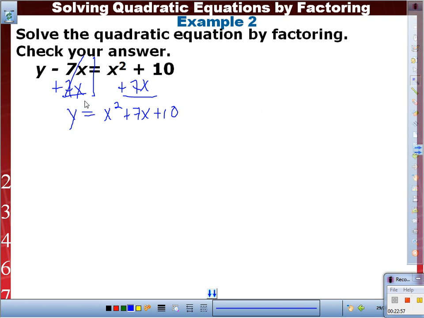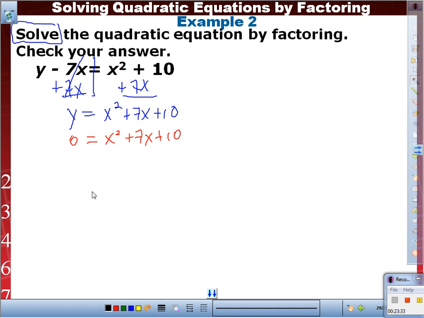Okay? Since we need to solve, what is the second thing that we need to have in step 2? Y equals 0. That is true. 0 equals x squared plus 7x plus 10.